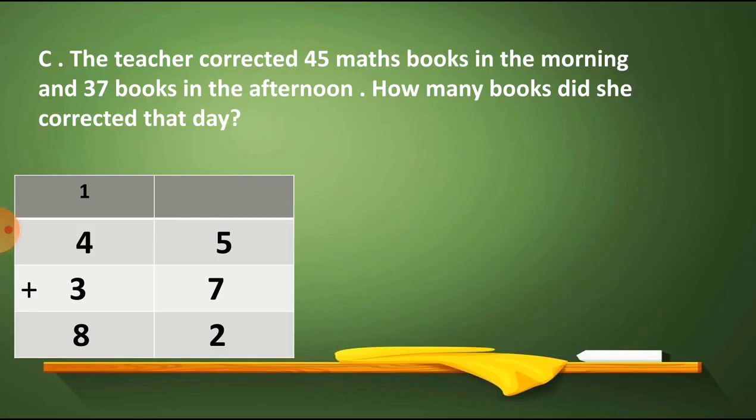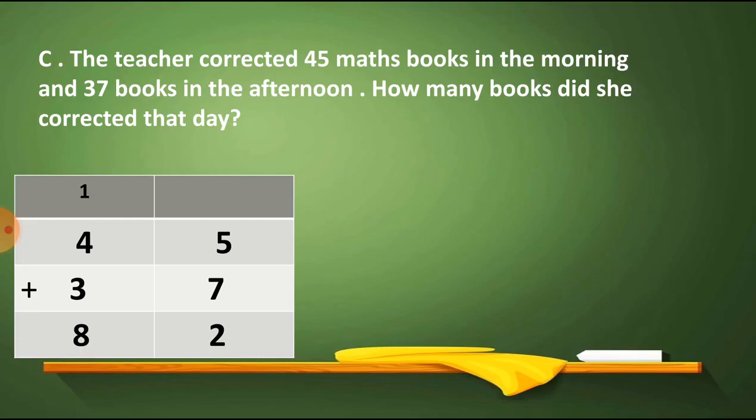Now we can write down number 2 under the ones column from the 12, and the 1 will move to the tens column as a carry forward number.